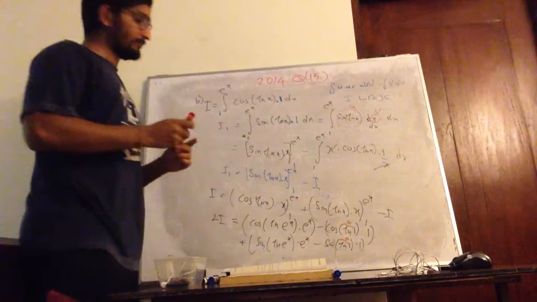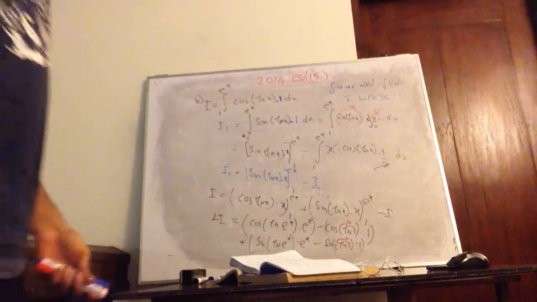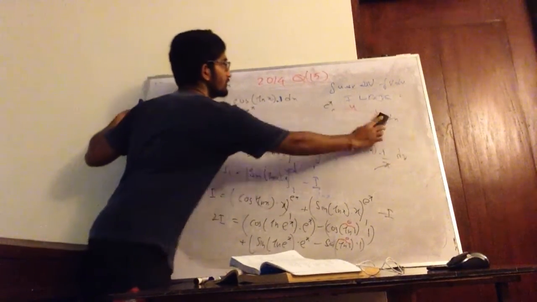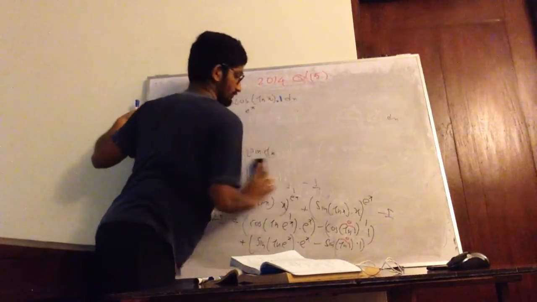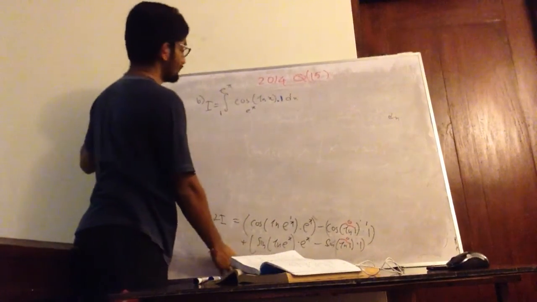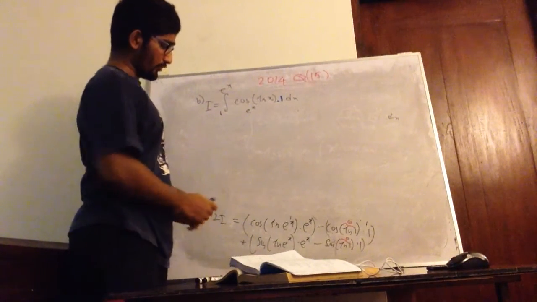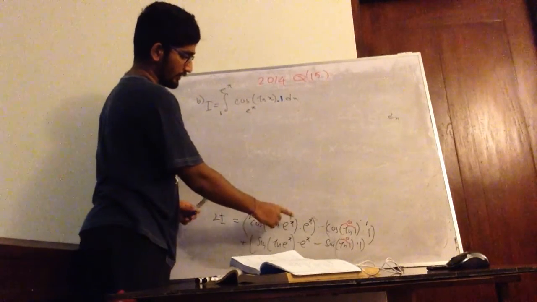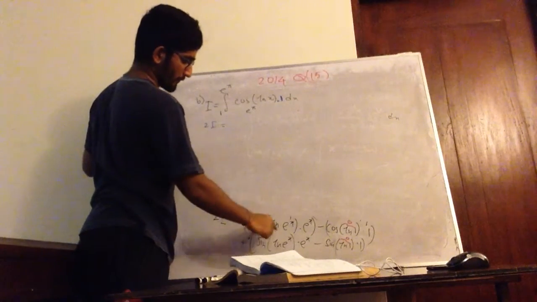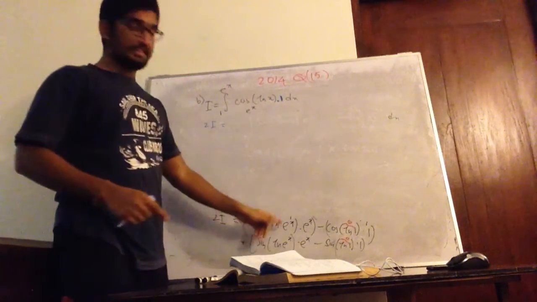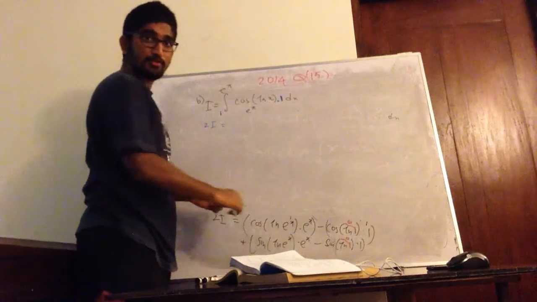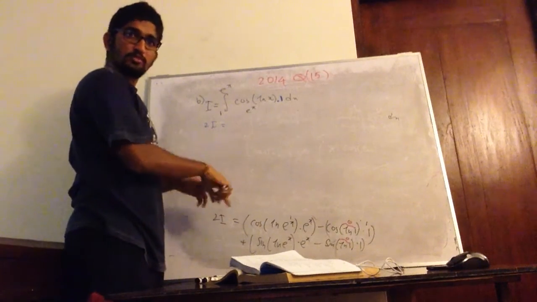Right? So write this down. So now it's a matter of putting the limits. So now 2I will be equal to, because of this e to the power π, you can take the power out, because these are all logs.